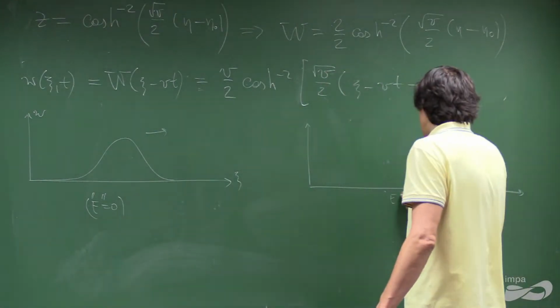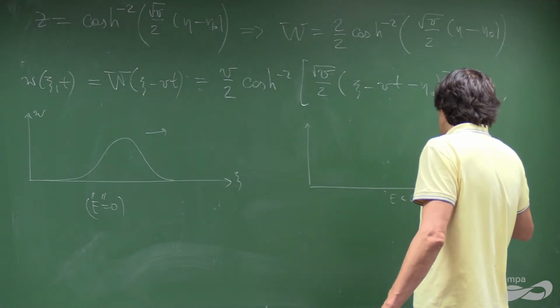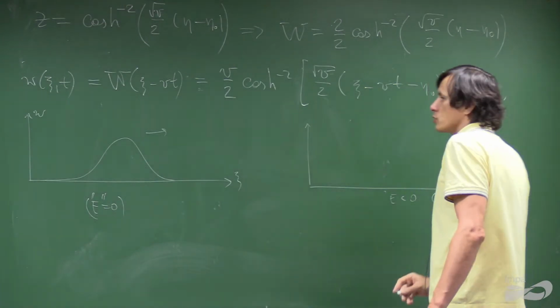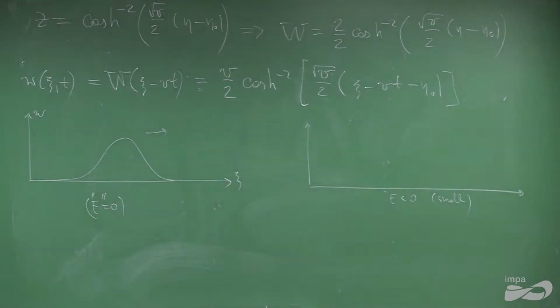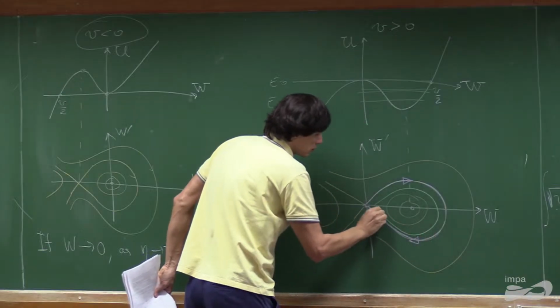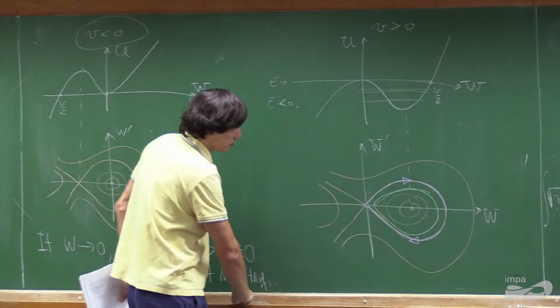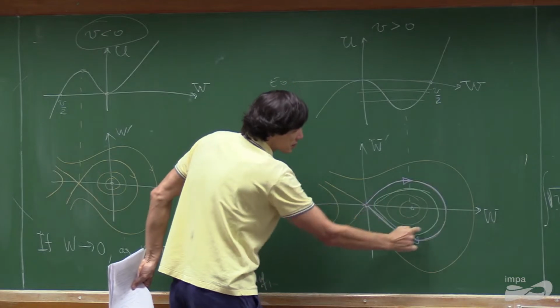When energy is negative but still small, you have a solution like this, close to the separatrix, but now it's periodic.